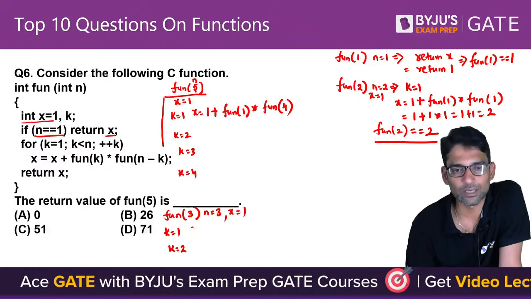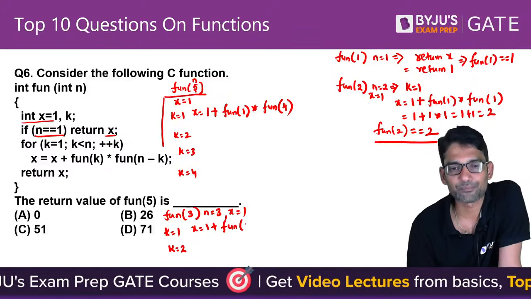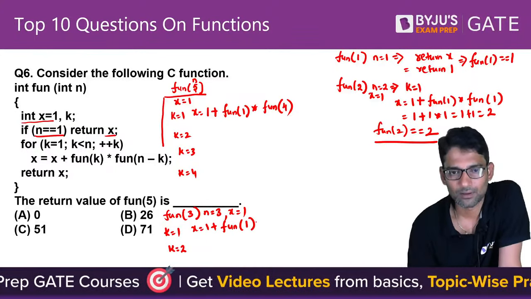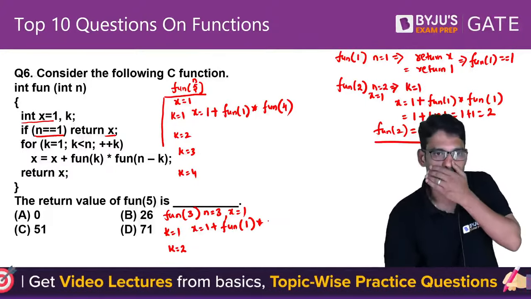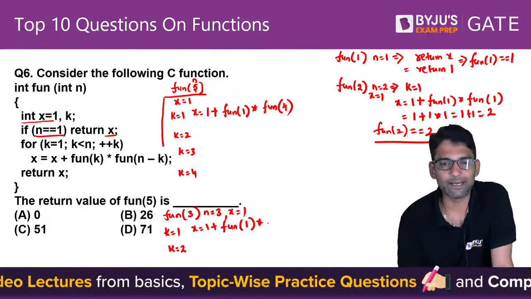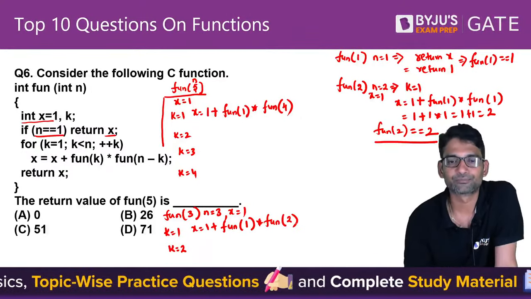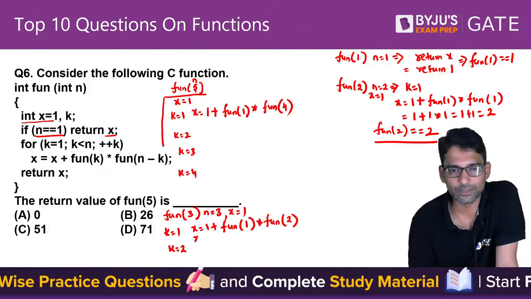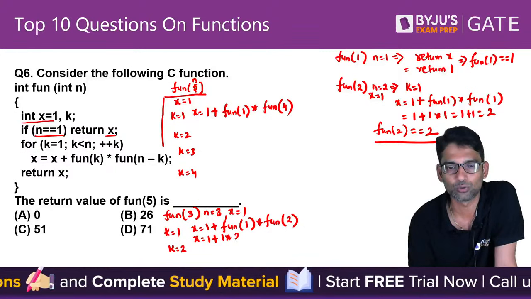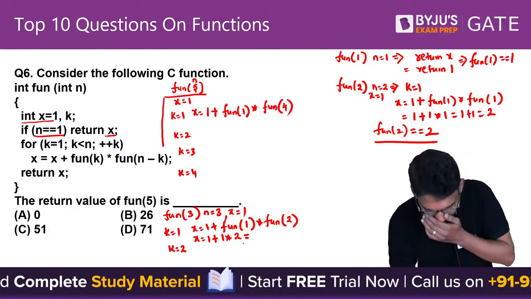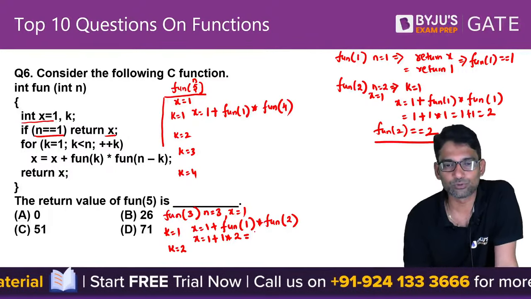When k is 1, x is equal to x plus fun of k multiplied by fun of 3 minus 1, 2. We just solved it. 1 plus 1 into fun of 2 is 2. So, it is 1 plus 2, 3.